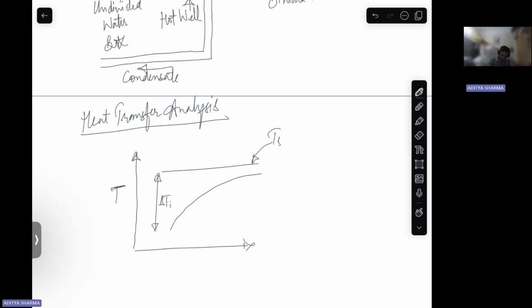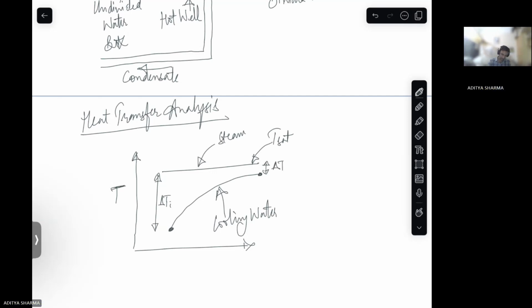So this is your T saturation, okay, of your steam, right? And so this belongs to your steam, this belongs to your cooling water, okay? So initially it has some temperature, then eventually its temperature increases, right? In its final state, and this is delta T naught, okay?